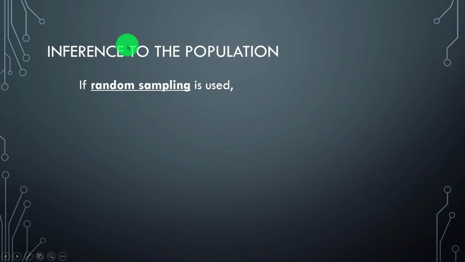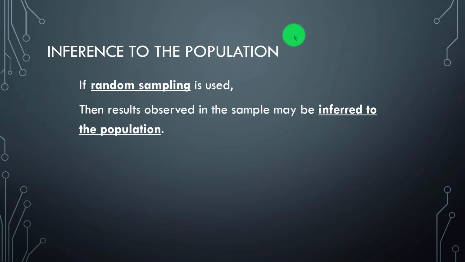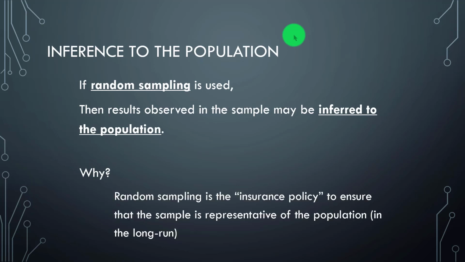So how does random sampling allow for an inference to the population to be made? That's because random sampling is sort of, I call it, our insurance policy that allows us to assume that the sample was representative of the population.